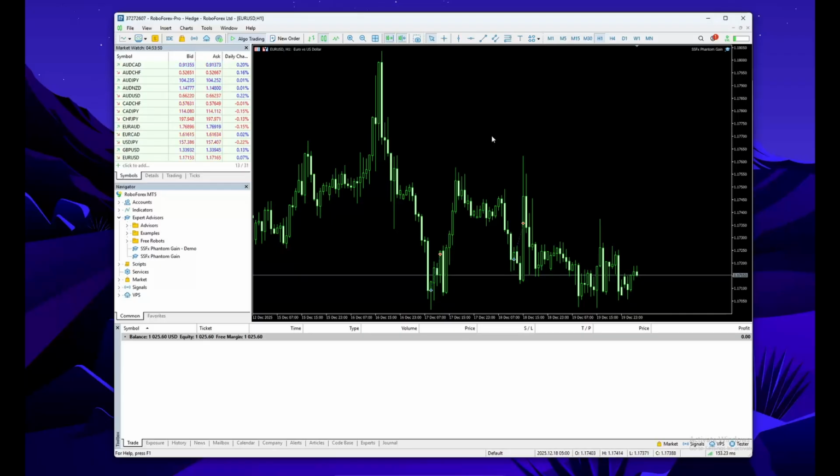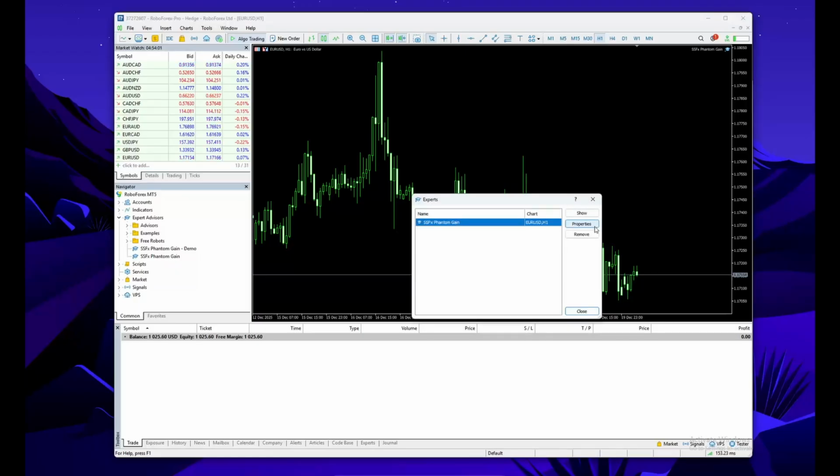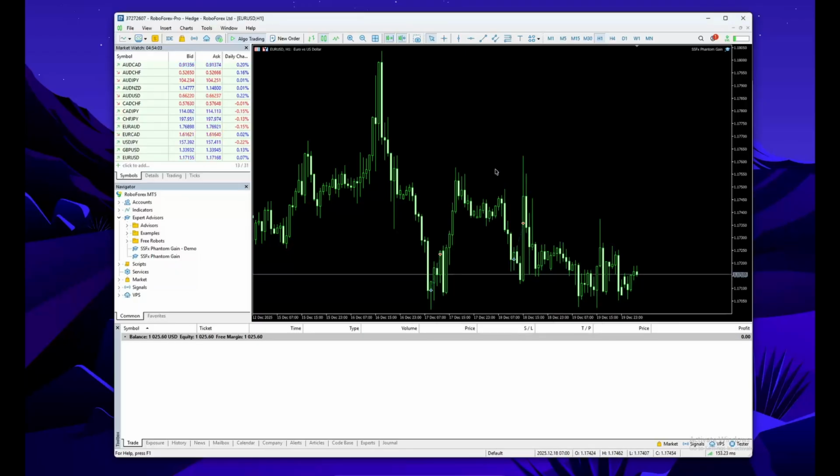So this is my live account that I was just showing you on my Myfxbook. I'm using RoboForex as a broker, but in this case, I just wanted to walk you through the different settings and how they affect your performance. So remember, the Expert Advisor, I'm currently only running it on one account, on EURUSD, on the 1 hour time frame.